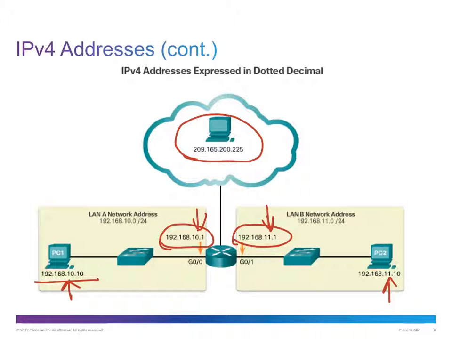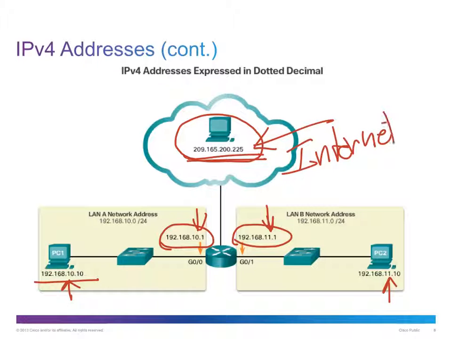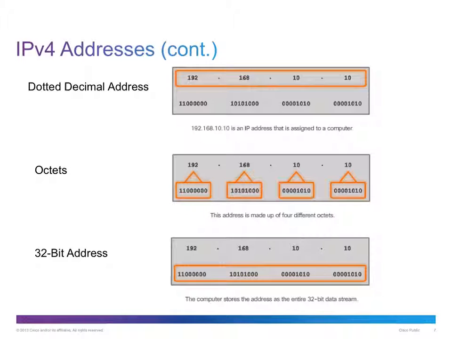These are on the same network, and this one's on a different network. In fact, this looks like that'd be a public address, so that's probably out on the internet somewhere. Okay, and so we'll talk about, simplistically, how a network like this will work. In order to understand that, we need to understand the addressing, or at least get a start on it. See how we can do that.